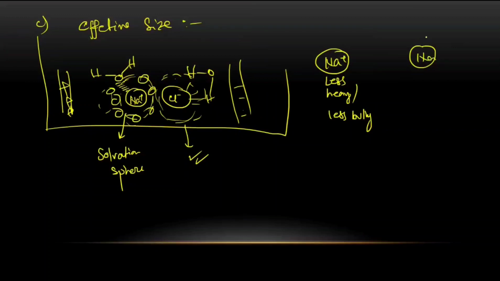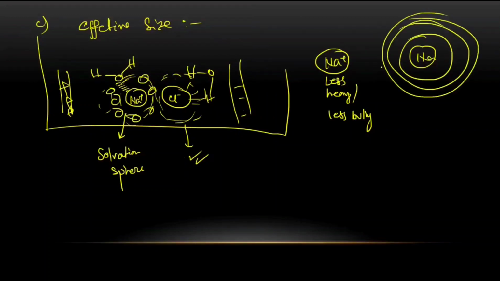Now there is Na plus surrounded by water molecules. Now it is heavier, bulky, and surface area is higher, right? Here this is a small sphere of this ion only. Now here is a large sphere, so surface area is high. With more surface area, we know friction will be more, or viscosity will be more.